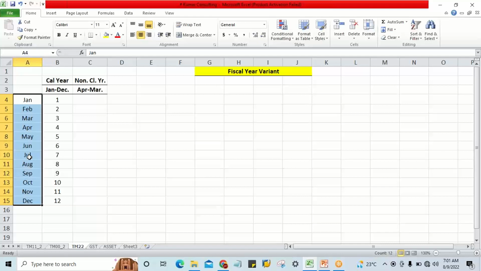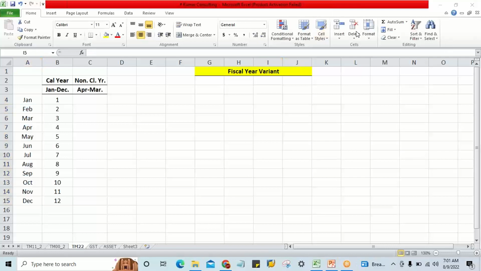But if you talk about companies, here companies are following a different financial year, right? Based on the country. So here in India, let's suppose April to March.